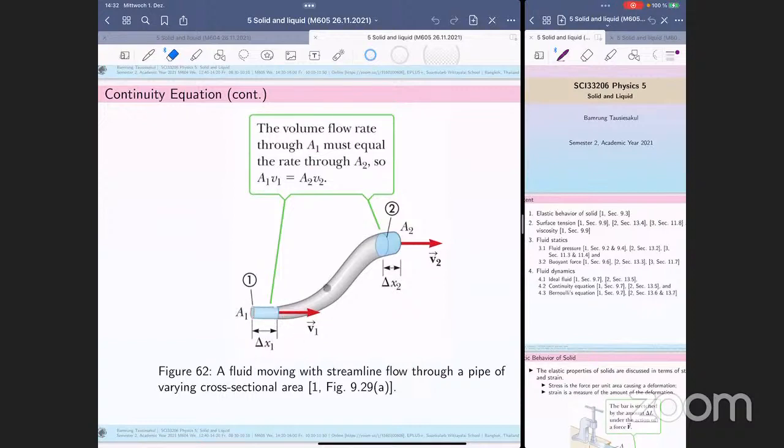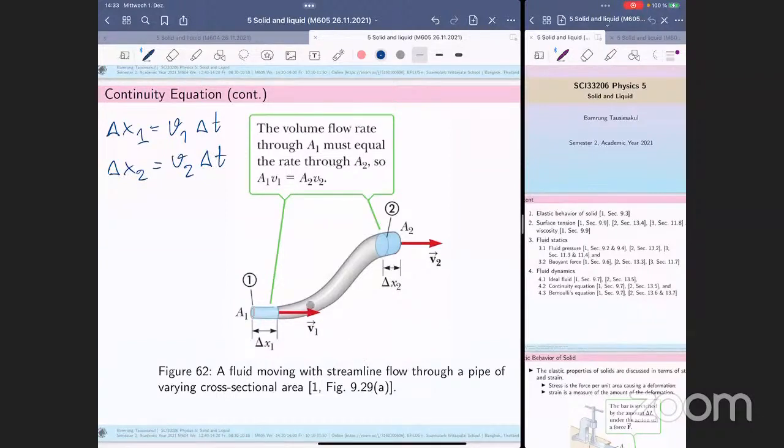Okay, delta x1 is equal to v1 times delta t, and delta x2 equals v2 delta t. Okay, and yeah, that's what we could do.